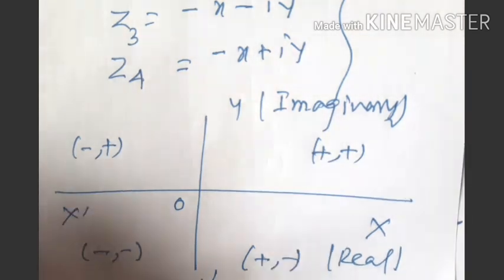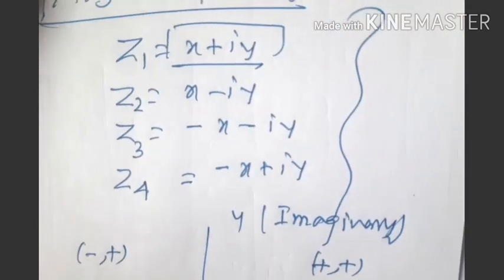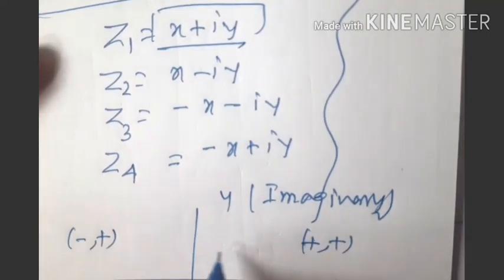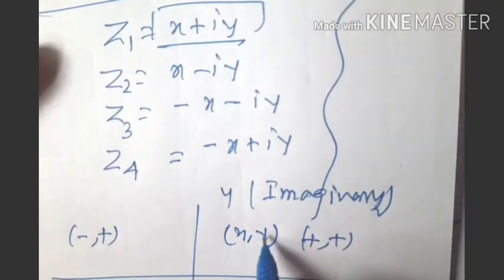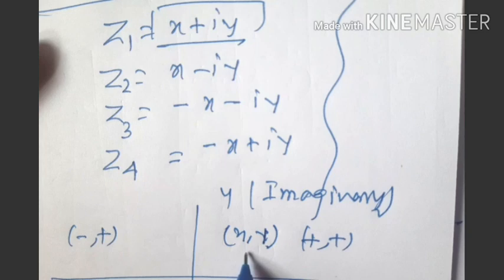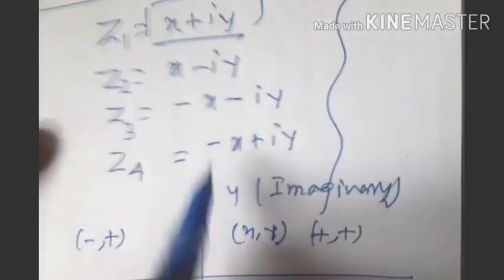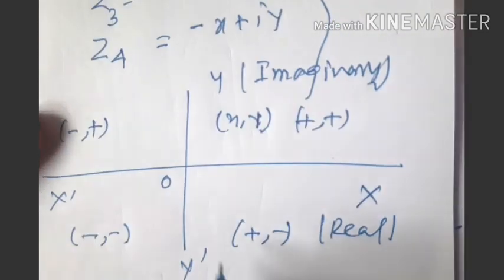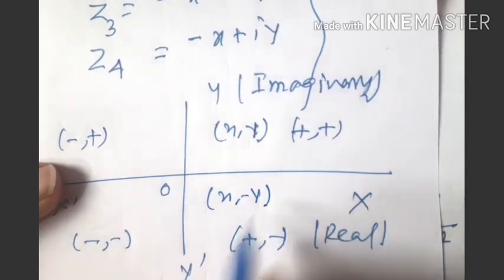Now if you want to plot this, we can do it like this. x plus iy can be expressed as the ordered pair x comma y, because both are positive. To express x minus iy, it has to be plotted here as x comma minus y.